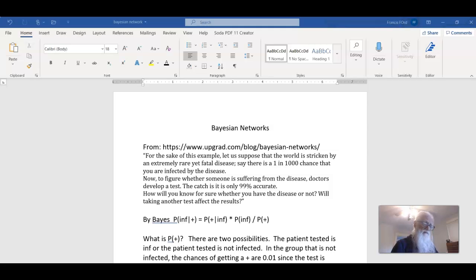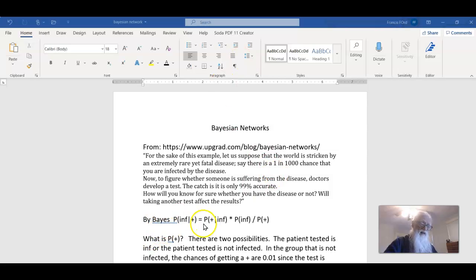That's the question. Now, we know a lot of things. We know a lot of conditional probabilities here. And remember that with Bayes, we can flip conditional probabilities around, and that helps a lot. So what we are trying to discover is the probability that you're infected, given that you have a positive test.